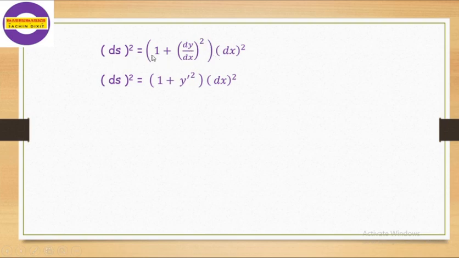Means we have to take dx square common in the RHS. This dy by dx can be written as y dash. So we can write ds square equals (1 plus y dash square) into dx square. Now taking positive square root on both sides, we get ds equals (1 plus y dash square) whole bracket raised to half into dx.